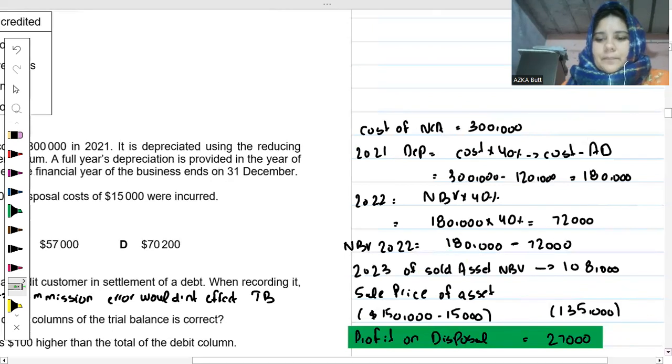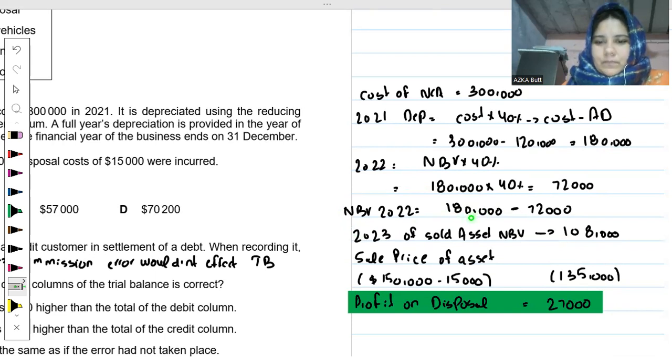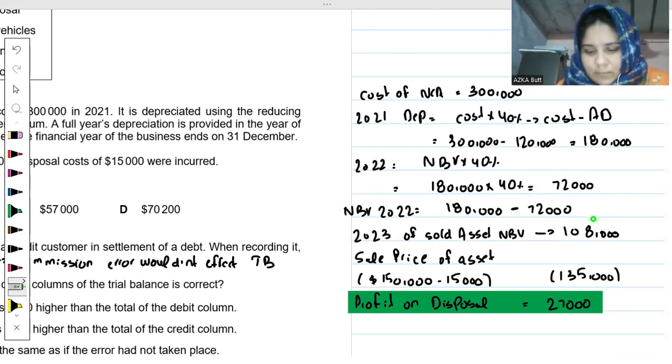Again, we depreciate our asset. The net book value is 180,000 minus 72,000, which is 108,000.